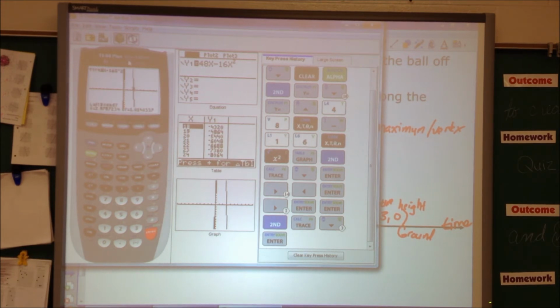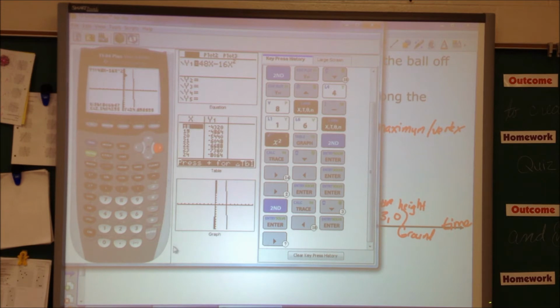Up here is my vertex, so I need to get this back over. As I go up, I see my y's are getting bigger, bigger, bigger, 35, 35, 35. Oh, now they've gotten smaller, so I'm on the other side of the vertex, because remember they're symmetrical. Hit enter, and I'm going to come back over to the other side of it. 35, 35, 35.